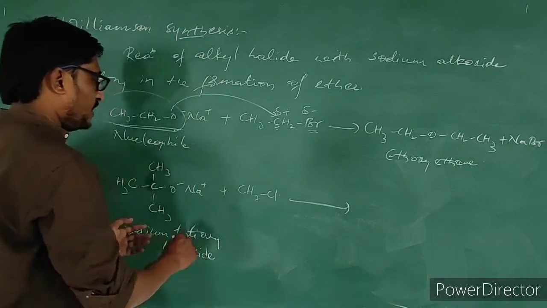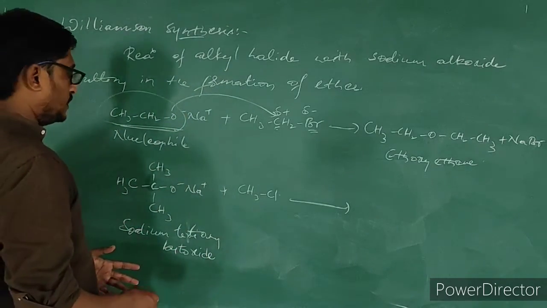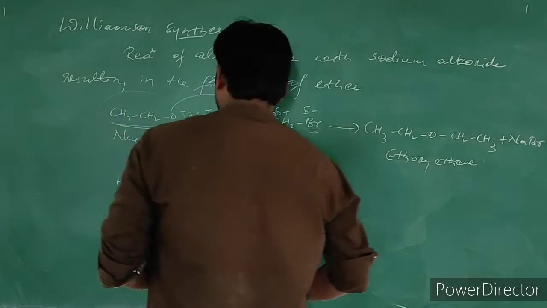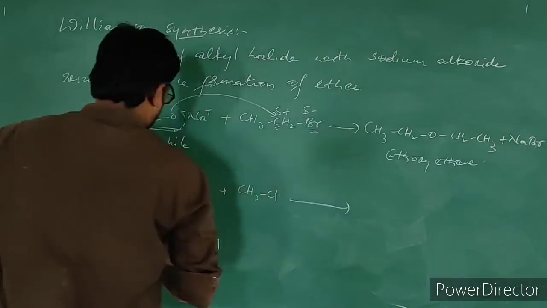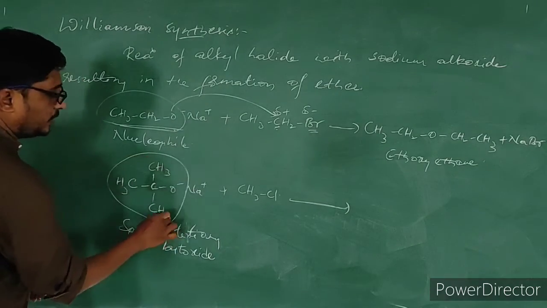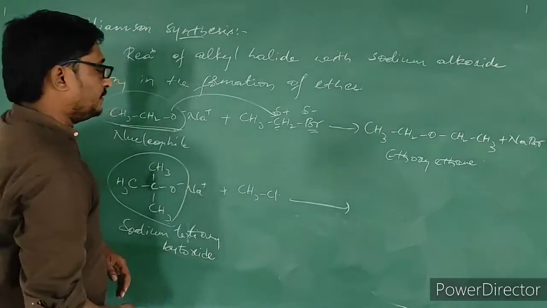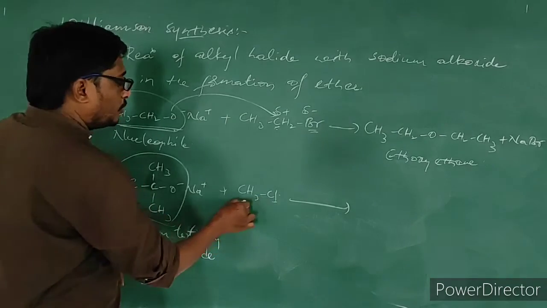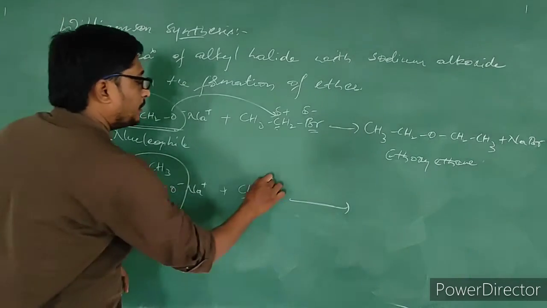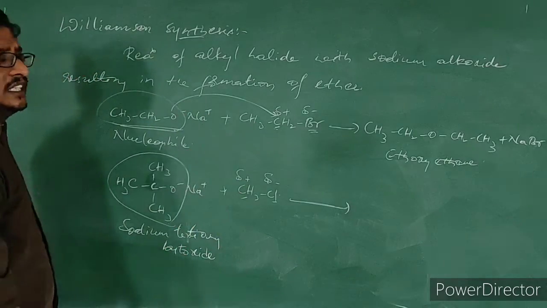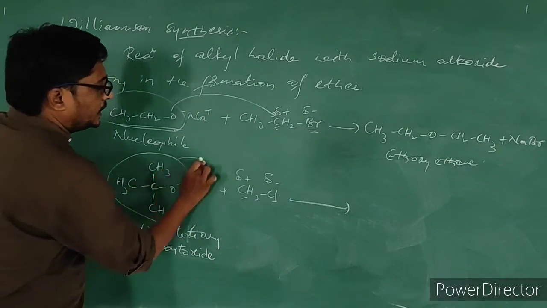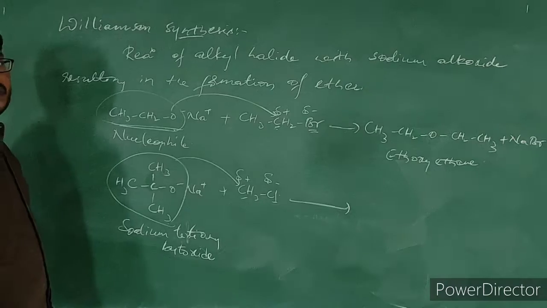Generally, when we are reacting these two things, what happens here? If you see, this tertiary butoxide ion will act as a nucleophile. Chlorine is more electronegative than carbon, so partial negative charge, partial positive charge, similar to the first reaction. It acts as a nucleophile and binds to this carbon.